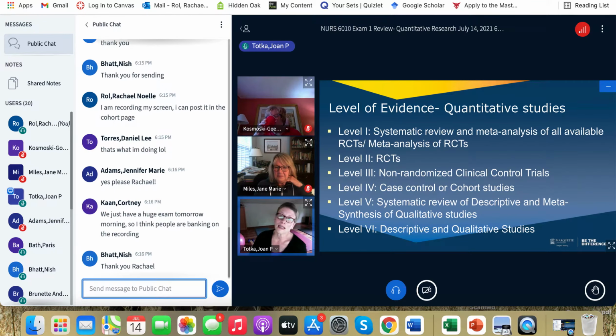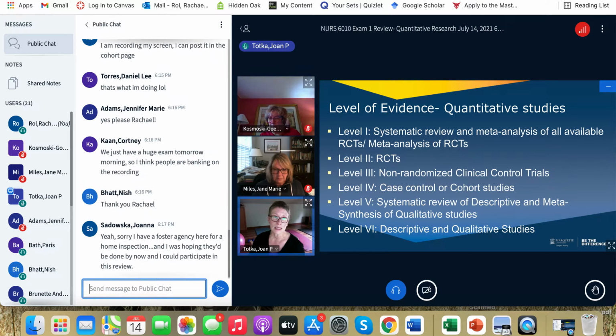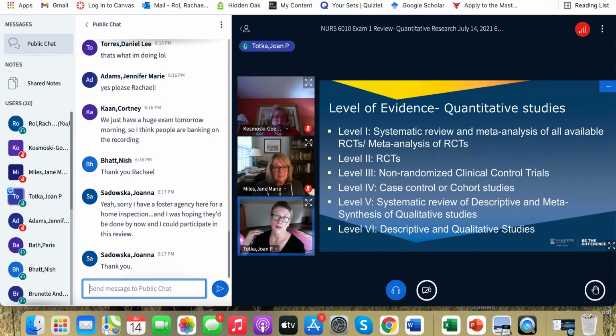So this is the levels of evidence that I had actually presented a few weeks ago to my group, and this is from page 18 of 9, and I'm not going to go through all these again. I'm bringing it up right now because it is important for you to know that level 1, the systematic review and meta-analysis, is the highest level for quantitative studies.